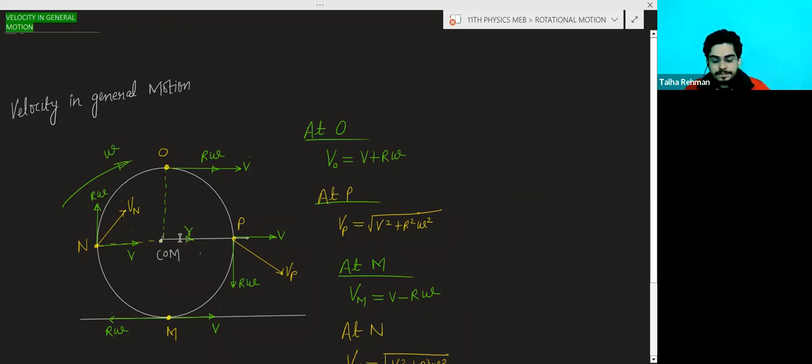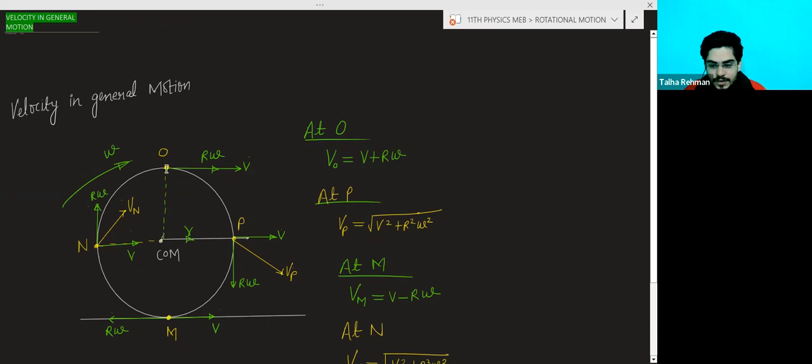So in this case, v is the velocity of the center of mass, and I told you this velocity will be provided to all of the points. Means this O point will have this velocity, P point will have this linear velocity, M point also, N point also will have the same linear velocity v. This is imparted to all the points.